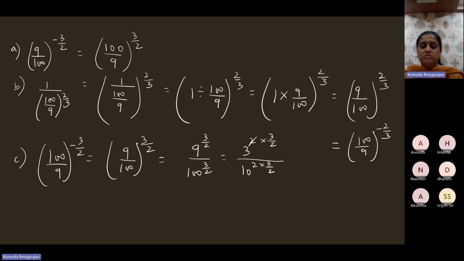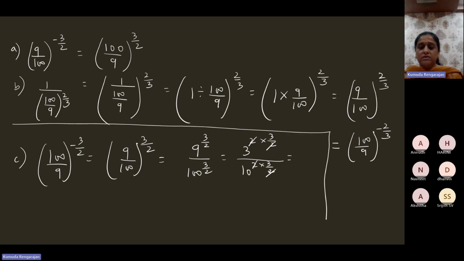The 2s cancel, and you can see it is 3 cubed by 10 cubed, which is 3 by 10 the whole cubed, which is 3 by 10 into 3 by 10 into 3 by 10. So option C is the correct option.